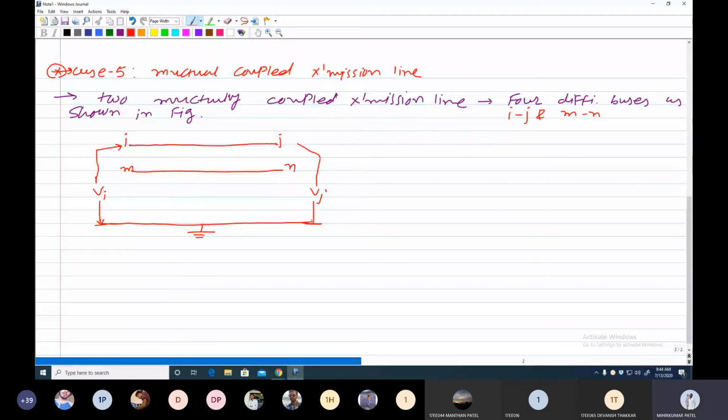In the same way, for the mth bus it is Vm, and for the nth bus it is Vn. There, this is your reference or ground point.